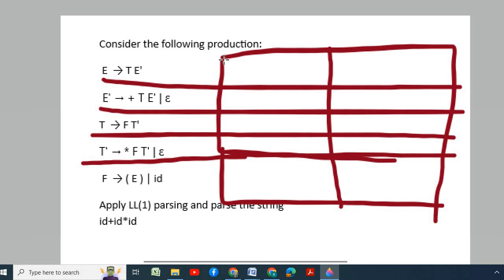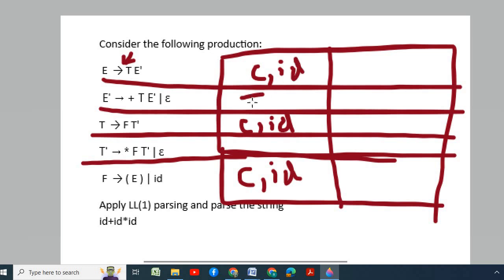In order to find the first of E, we have to find the first of T. For T, we have to find the first of F, and the first of F is open parenthesis and id. The same holds for T and also for E. And the first of E' is plus and epsilon, and the first of T' is star and epsilon.